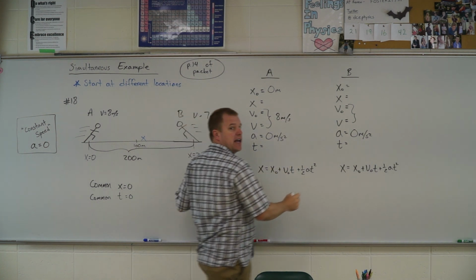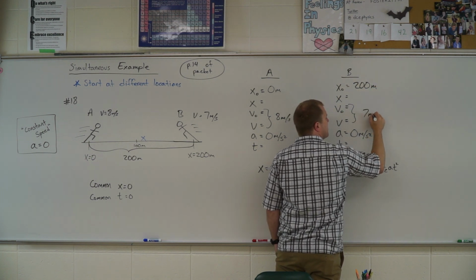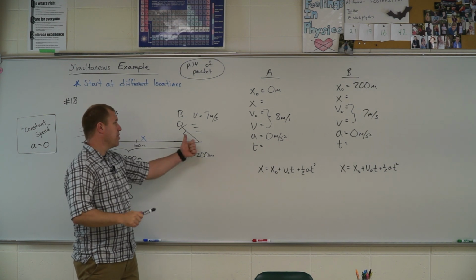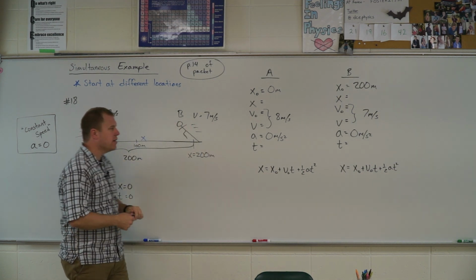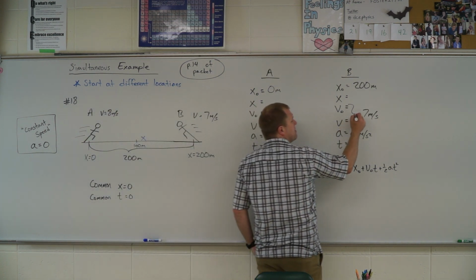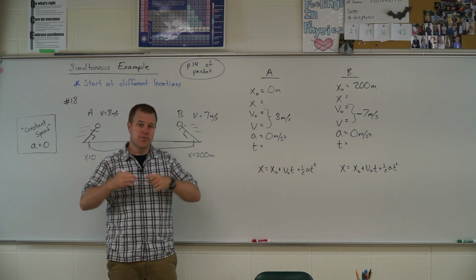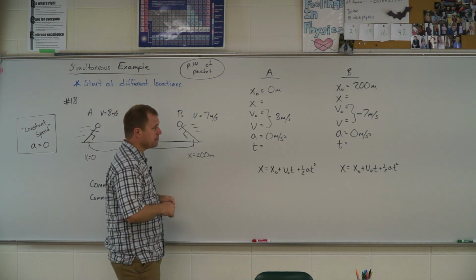Runner B starts at 200 meters and moves at 7 meters per second. Now I've got to be a little careful here because runner B is running from 200 towards 0. So in order to do that, it has to be moving in the negative direction. So I need to remember that negative sign, okay?